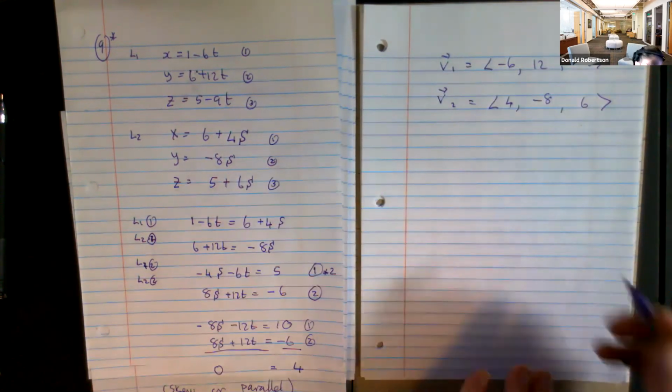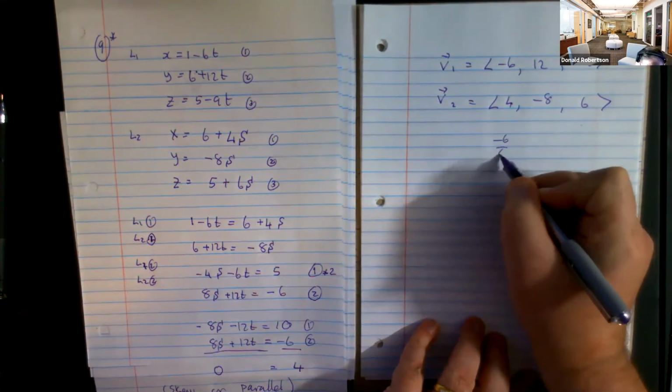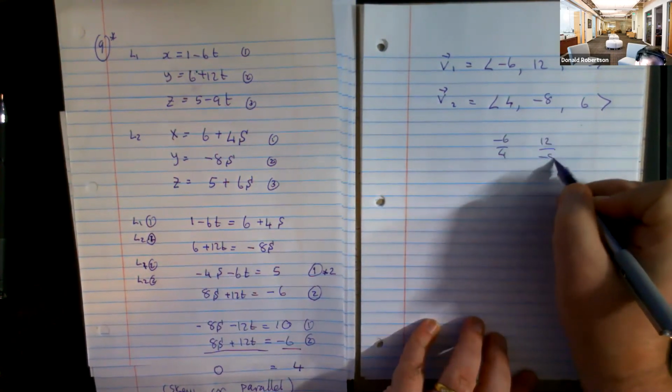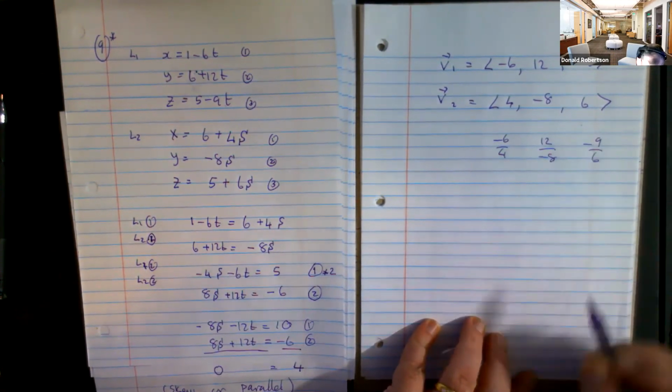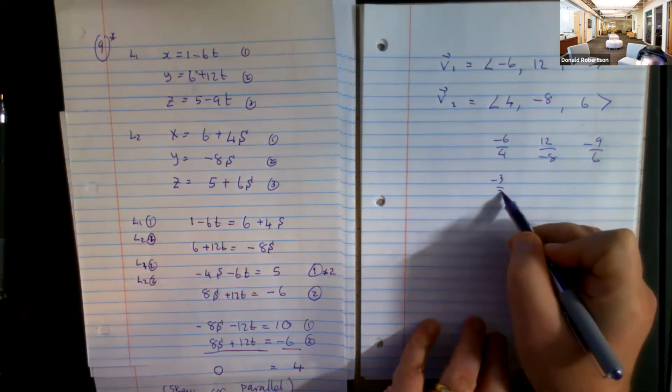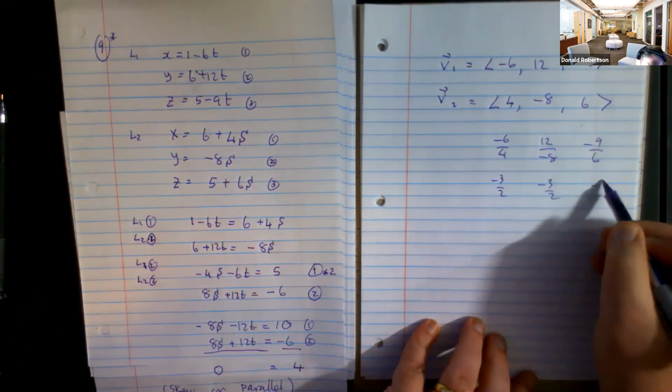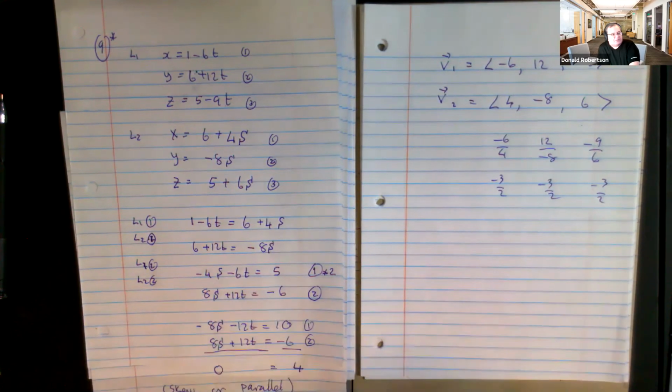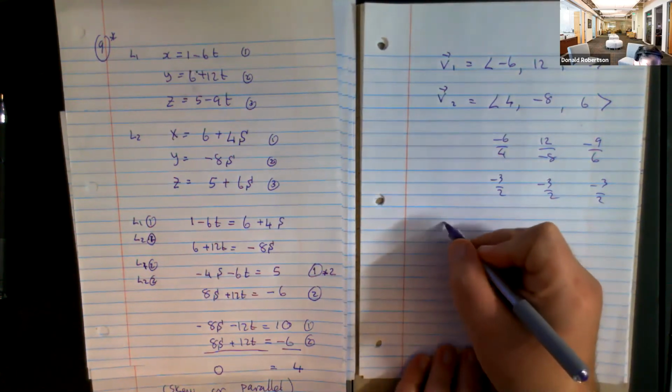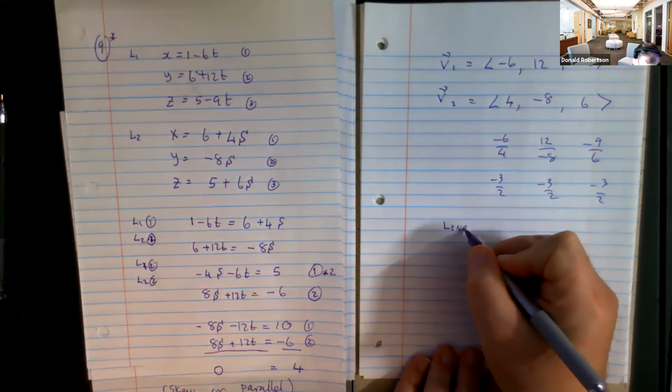Now, the easiest way to check is just to take each component and divide them. Do you notice that that's a -3/2 every time? Does it not make one of those a multiple of the other? And since that's true, the lines are parallel.